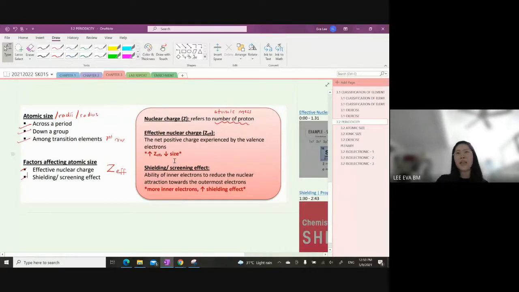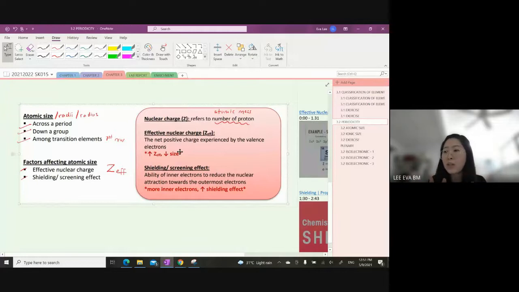Can you imagine that when the nucleus is getting stronger and stronger, it's like a magnet attracting the valence electron. So now this power increases, and you manage to pull in the outer electron more strongly. Therefore, the size will get smaller. So in this case, these are short notes for you to understand the ZEF.